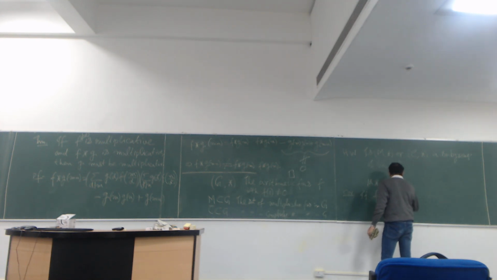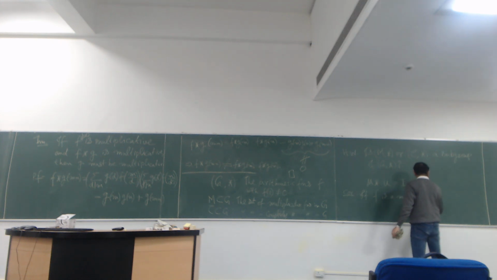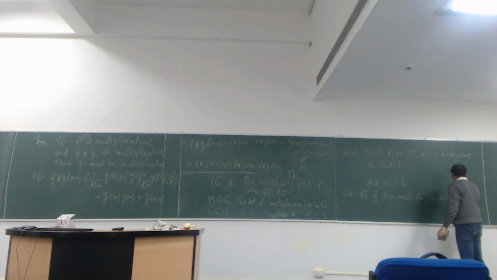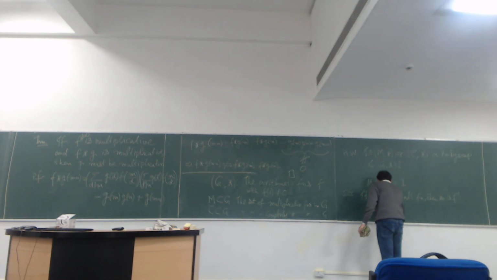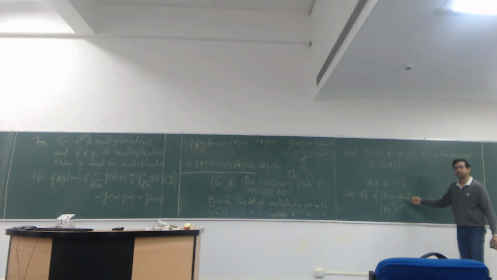If f is a multiplicative function, then so is f inverse, because f star f inverse is equal to I, and f is given to be a non-zero multiplicative function.